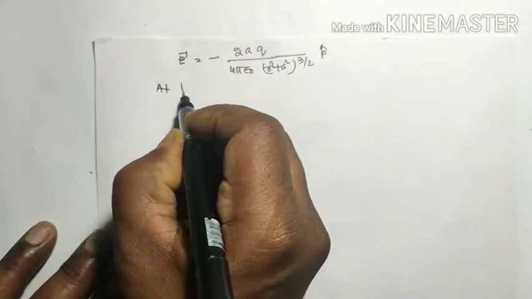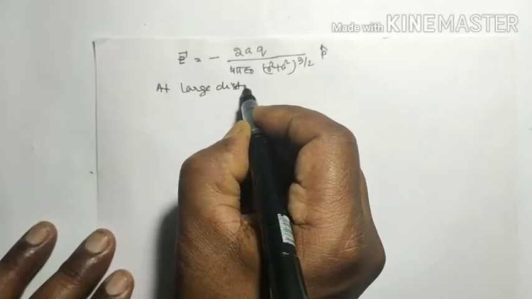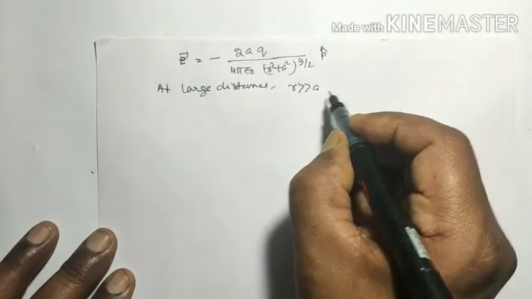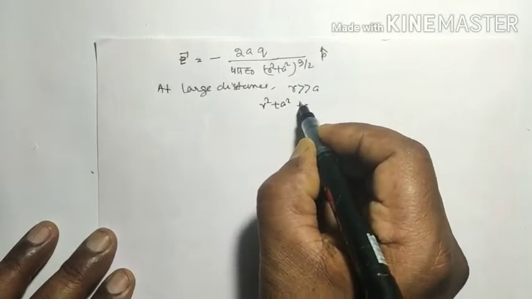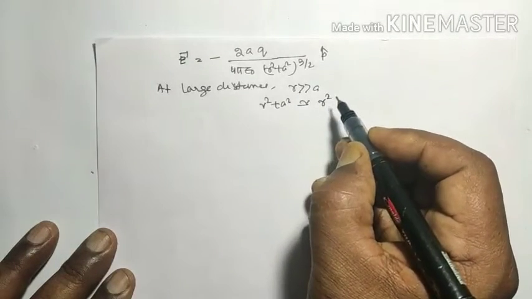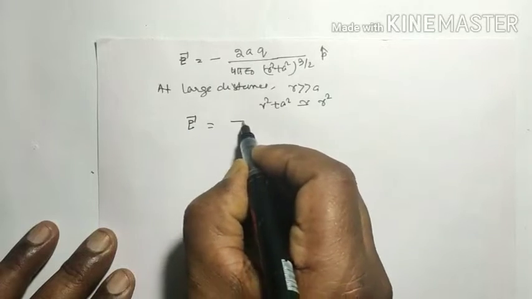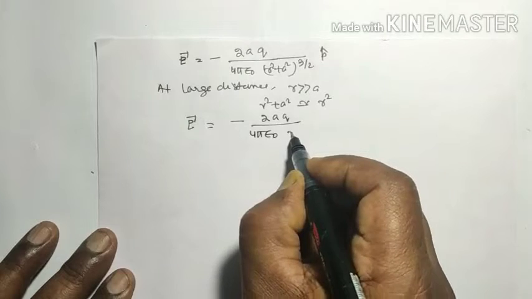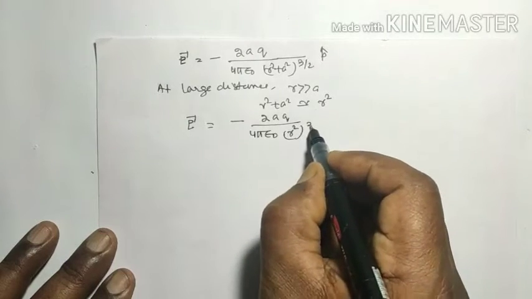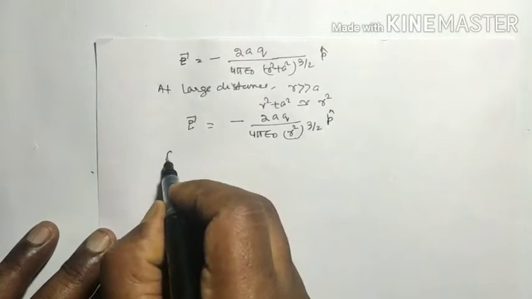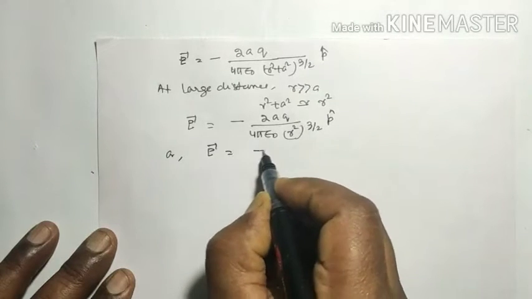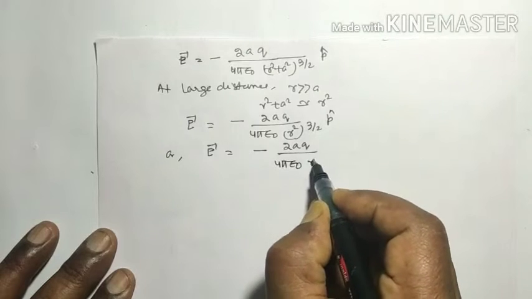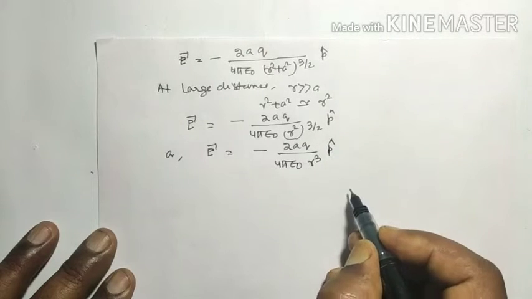At large distance, r is much greater than a. So r square plus a square is nearly equal to r square. So E equals minus 2aQ by 4 pi epsilon 0 into r square to the power 3 by 2 into p cap, or E is equal to minus 2aQ by 4 pi epsilon 0 r cube into p cap.